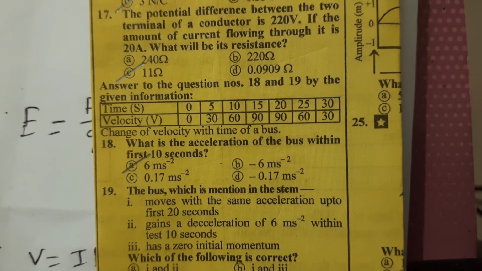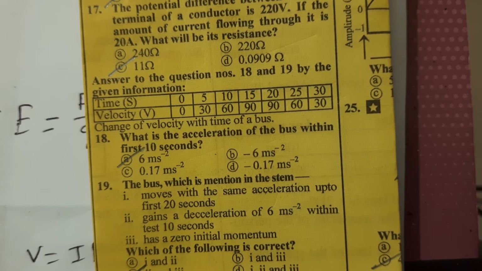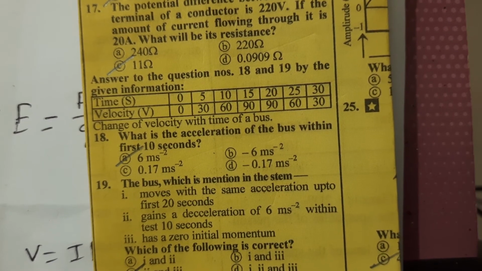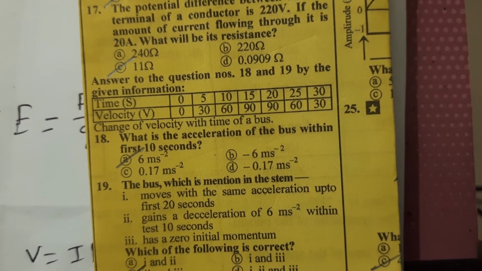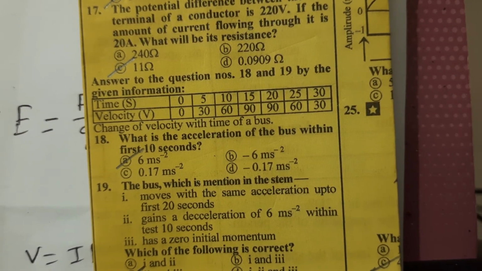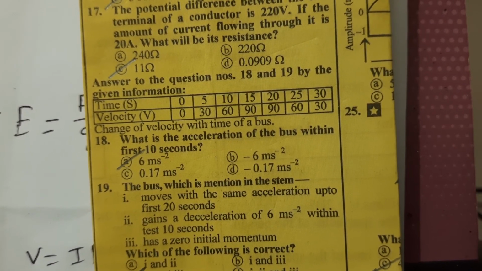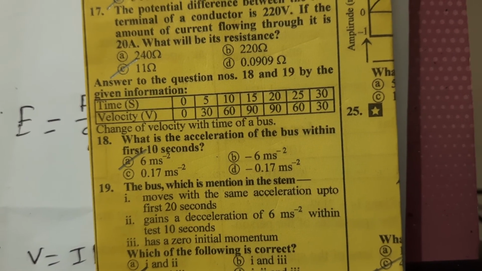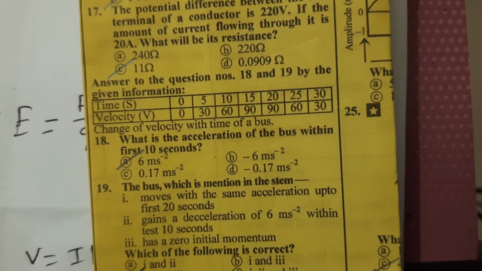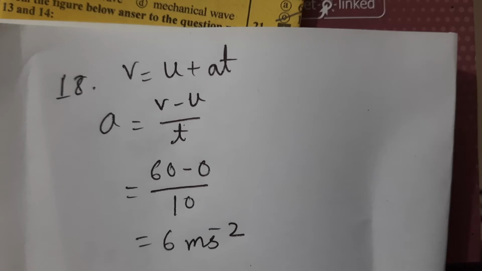The questions are: question 18. What is the acceleration of the bus within the first 10 seconds? Okay. So according to the table, you see that for the first 10 seconds the velocity is increasing. Okay, and here the initial velocity is 0 and the final velocity at time t equal to 10 second is 60.